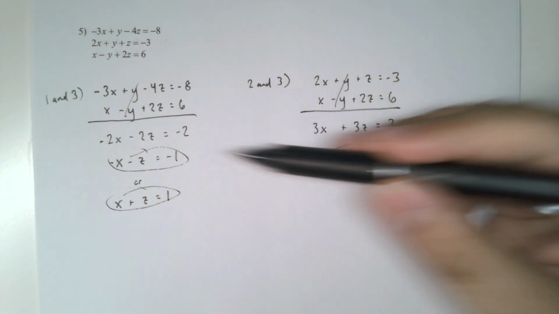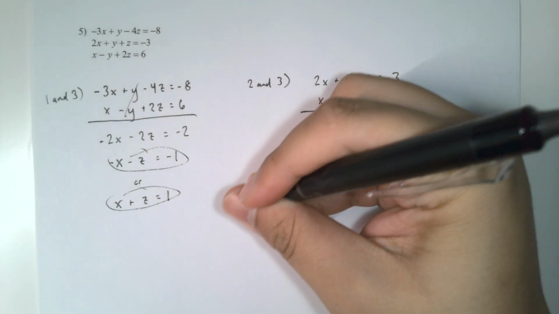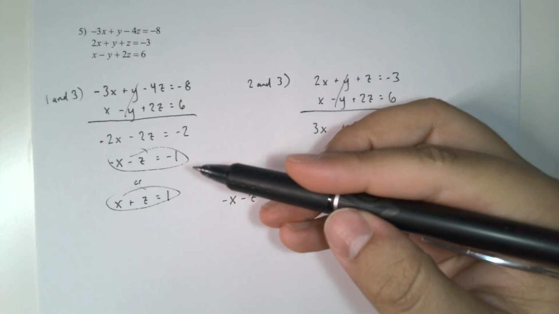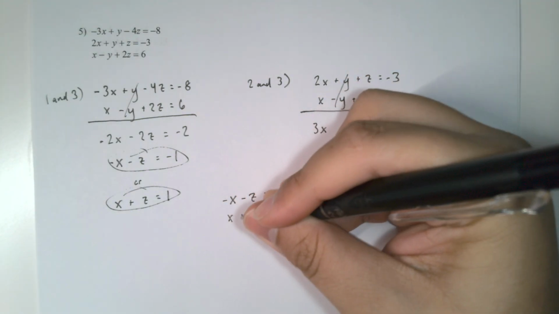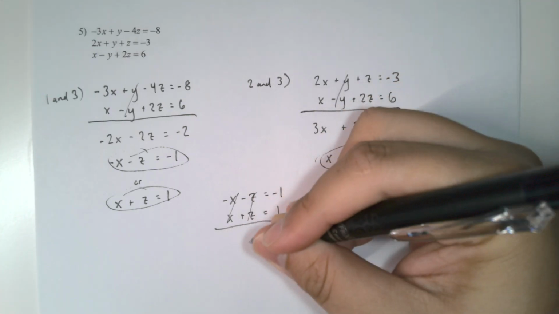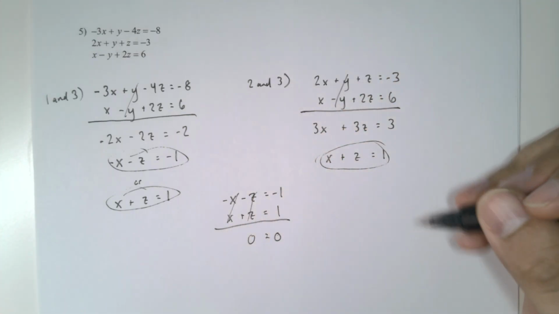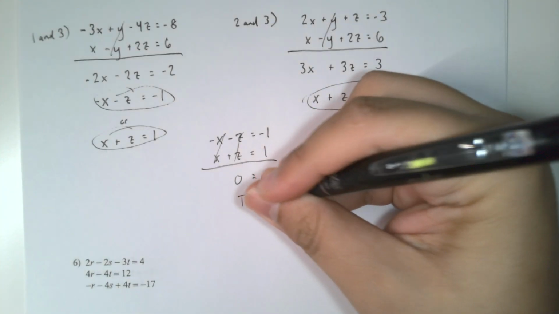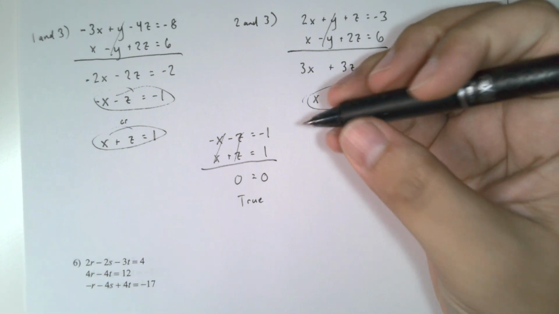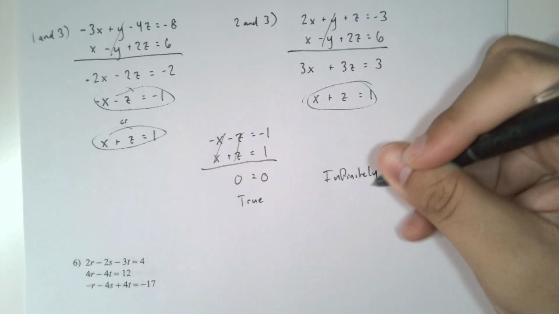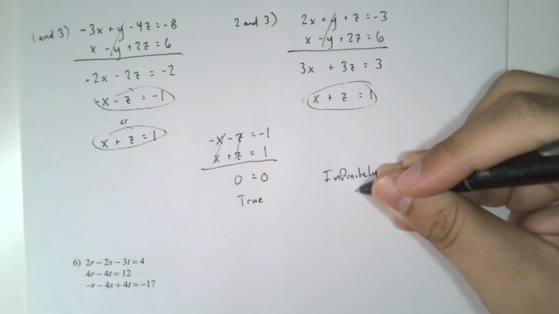Even if we had this one and this one, we would have negative x minus z is equal to negative 1 for this equation, and then x plus z is equal to positive 1. If we add those together, all of our variables cancel and our constants cancel too. We end up with that 0 is equal to 0 condition, which means it's true. And that's, again, how we justify that we have infinitely many solutions.